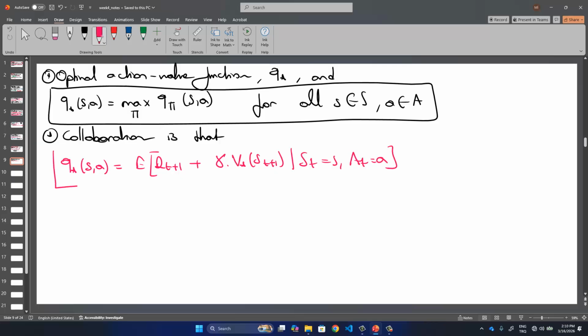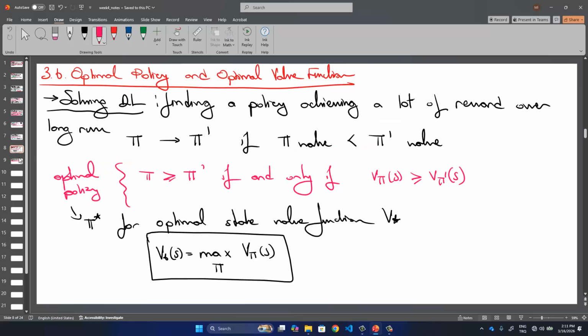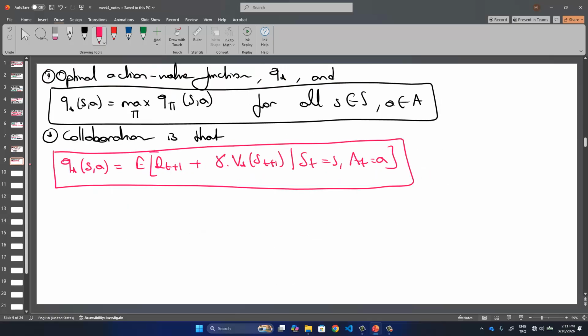Okay? Because if this is the case, just see that max over pi of v pi is equal to v star, right? And so the v star is the value of the state here. And so the q value is the combination of these terms.